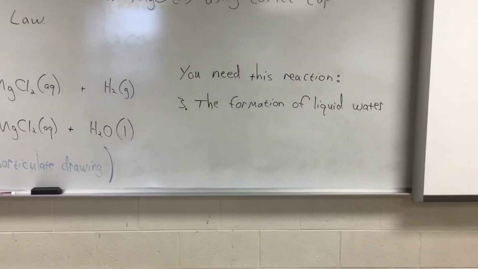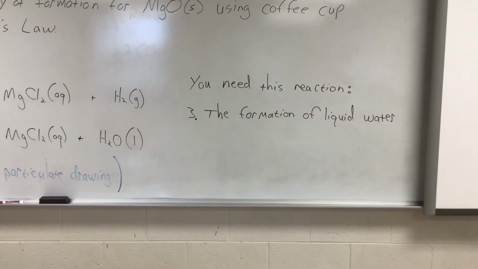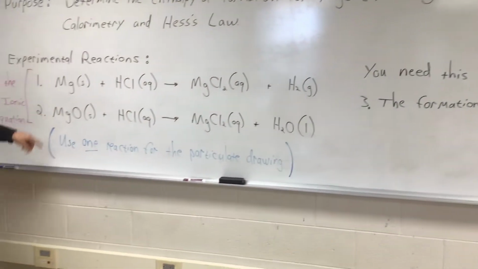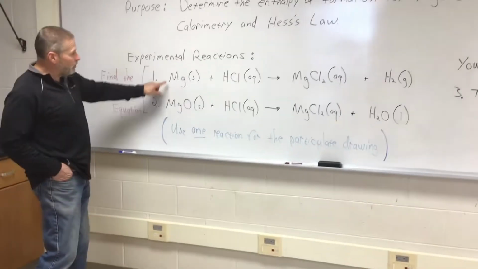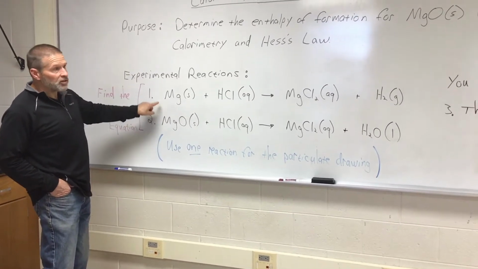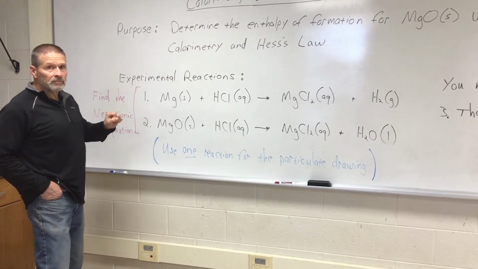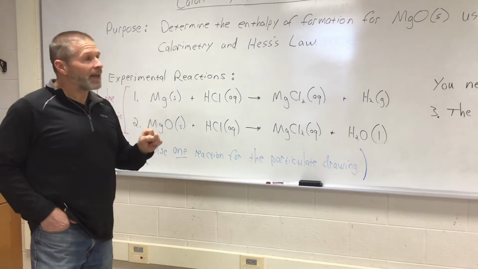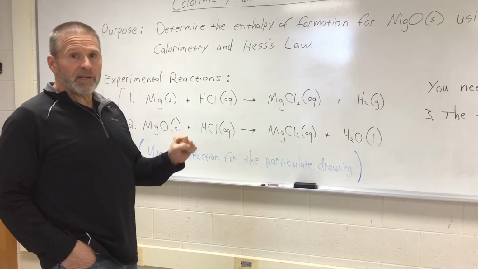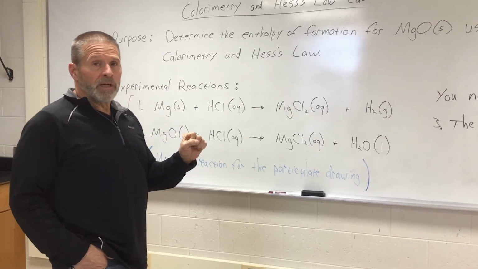For this one, you have to write the equation and come up with a delta H just from the table. Those are your 3 given equations. The coffee cup calorimetry process will get you the delta H value for these 2.